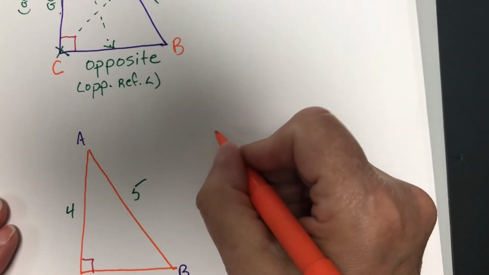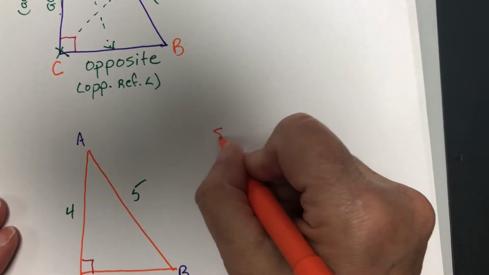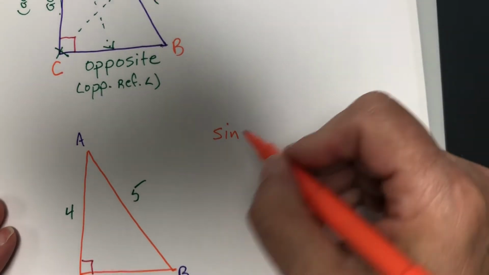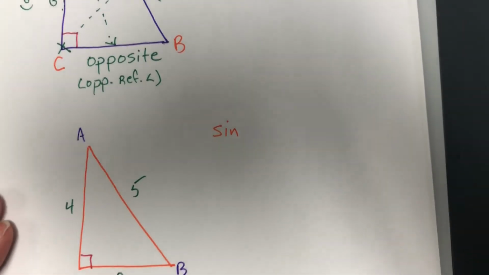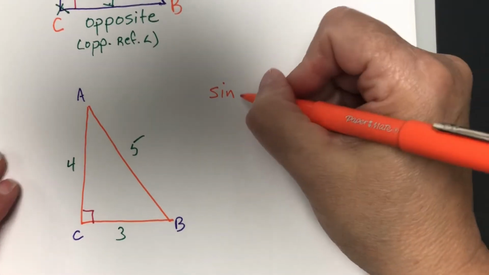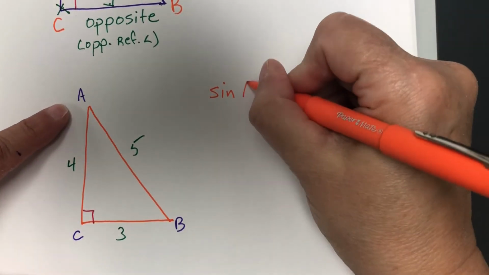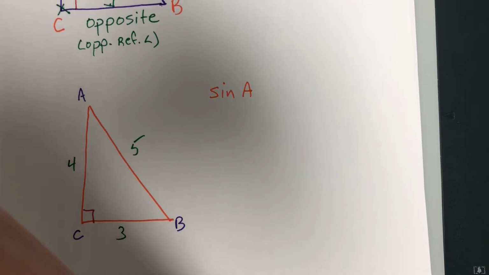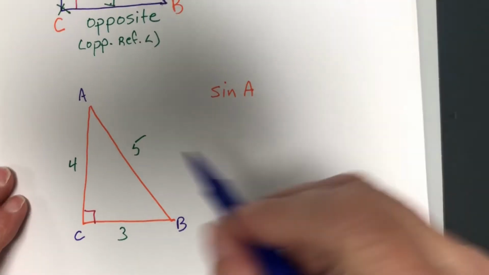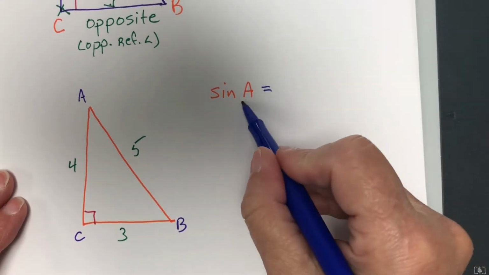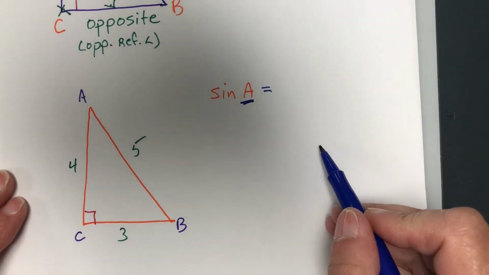Okay. So suppose I want to know what sine, okay, this time I'm going to abbreviate these. Sine is abbreviated S-I-N. Suppose I want to know what sine of A is. Actually, let me switch up and use a different color. Okay, sine of A. A is my reference angle.